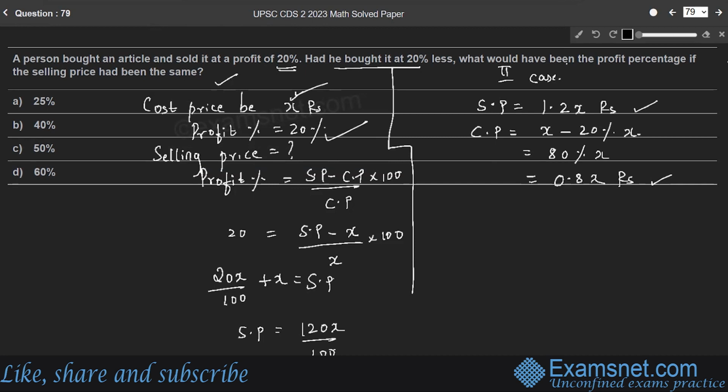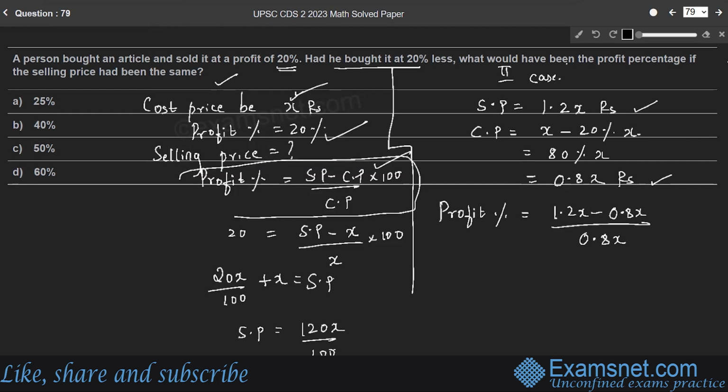If the cost price is less, he will get more profit. What is that profit percentage? Again, we are using the same formula. Profit percentage is equal to the selling price, which is the same 1.2x, minus the cost price, which is different, 0.8x, over the cost price, which is 0.8x, into 100.